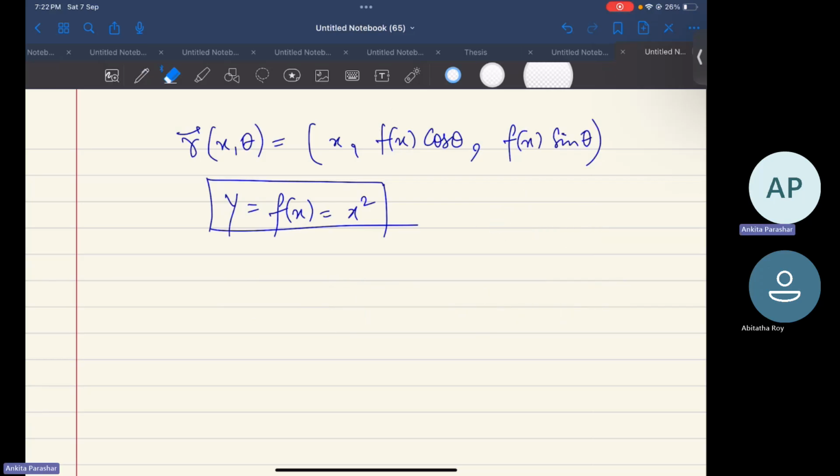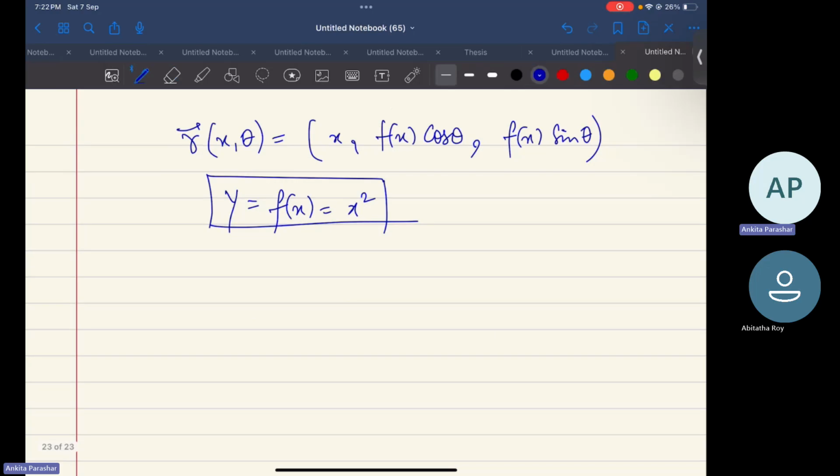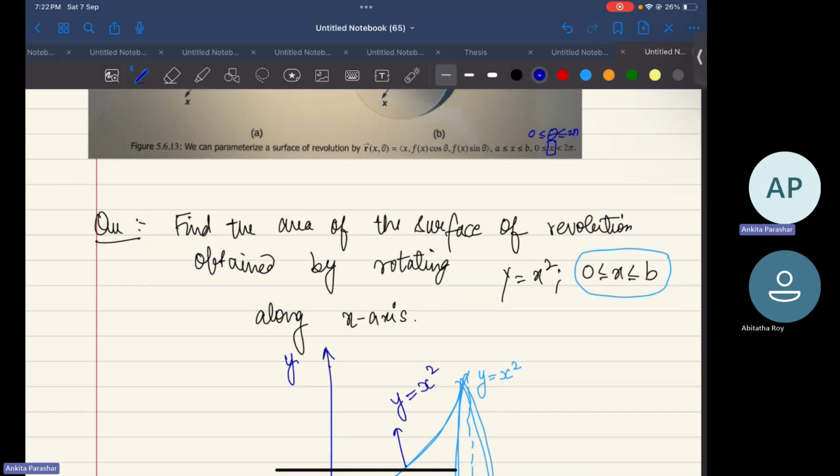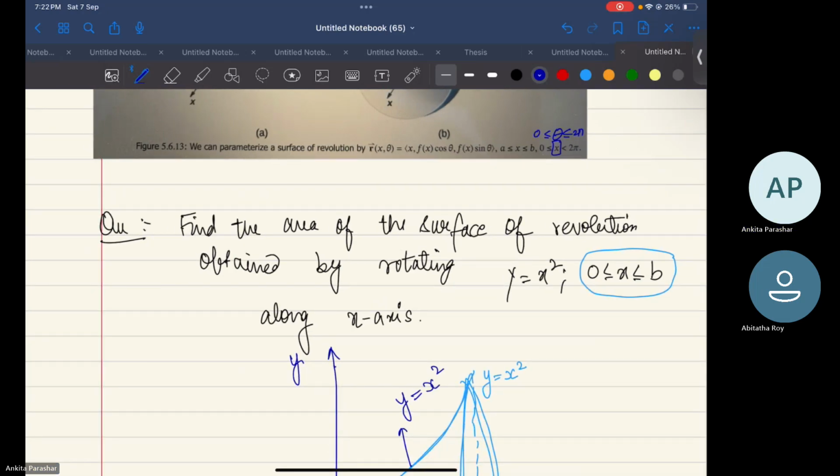Okay, so I think this is okay. So then the coordinates will be x square cos theta, x square sin theta. These are my r(x, theta) now. What do we want to find? We want to find the area of the surface.